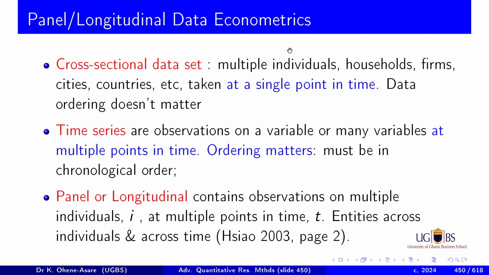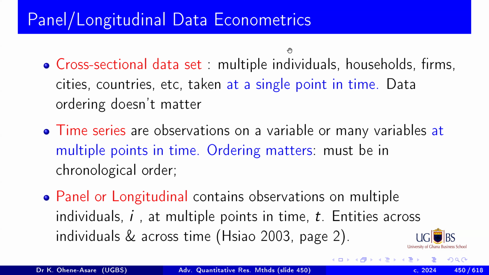A cross-sectional data set is a data set where you have many individuals. And please note the word individuals here can be cars, dogs, human beings, cities, countries, households, companies, trees, and several things.